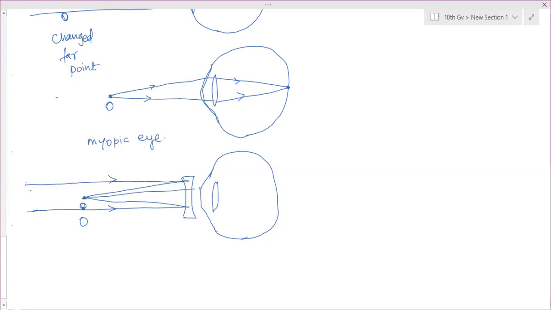The rays coming from this object are converged on the retina. So the image is formed. In the textbook, this ray and these two rays have been mixed together, so you can draw that also.